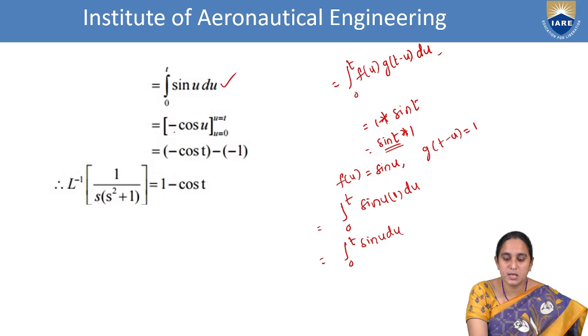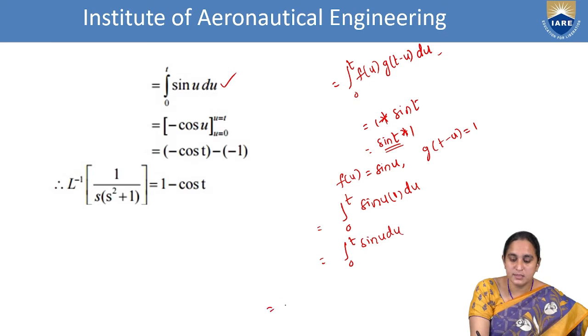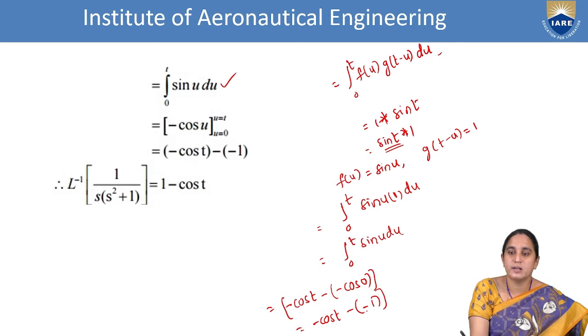Then substitute here minus cos u. Minus cos u means upper limit as t. Substitute here minus cos t minus of minus cos 0. That is minus cos t minus of minus 1. That is minus cos t plus 1.